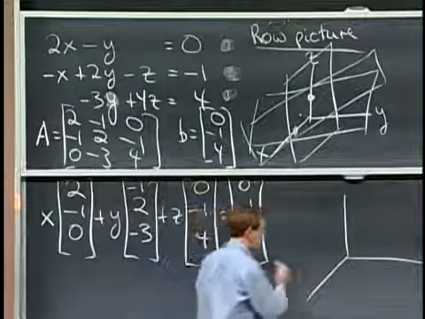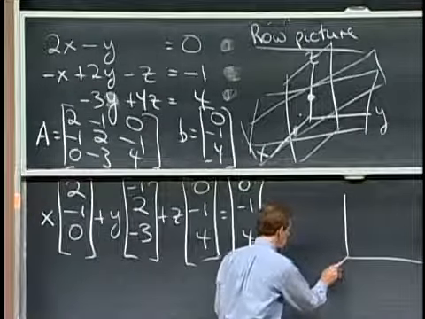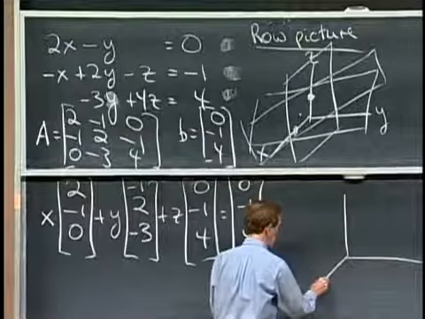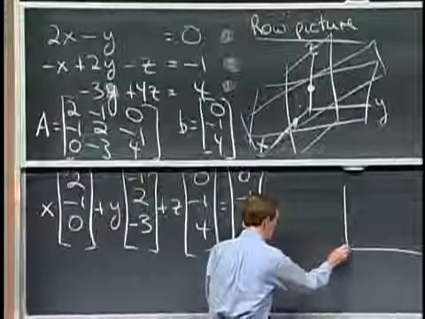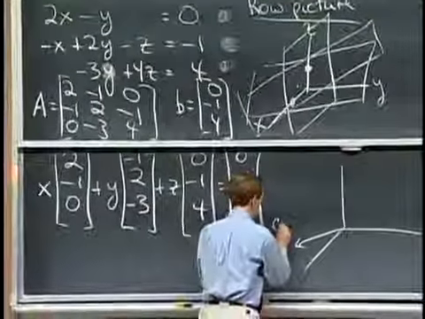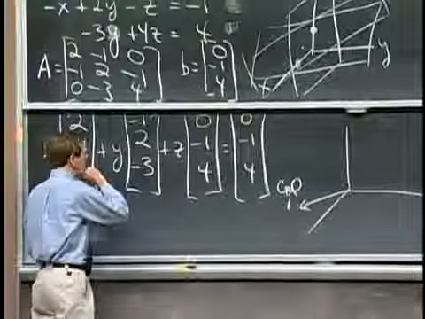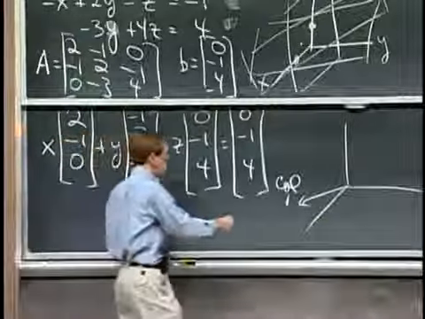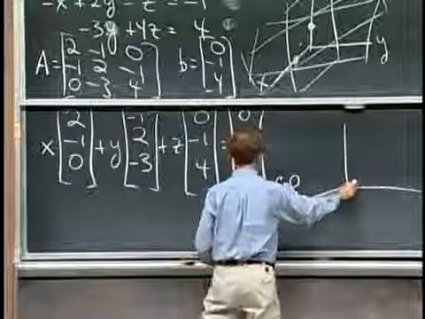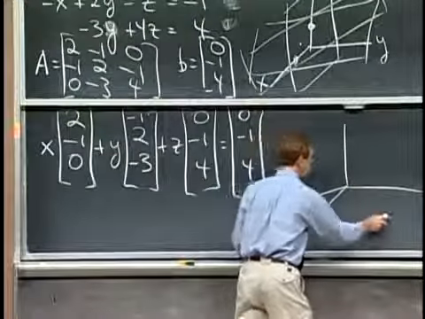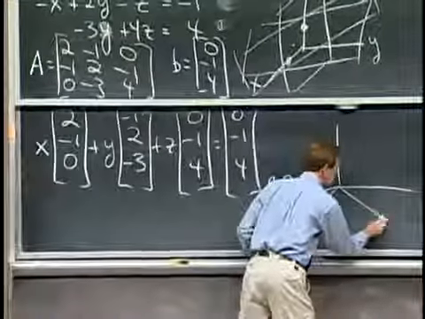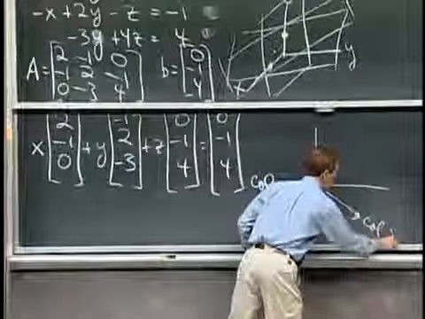Let me draw in the first column as before. So x is 2 and y is minus 1. Maybe there's the first column. The second column has maybe a minus 1 and a 2 in the x's and y's, and minus 3 somewhere there possibly, column 2.